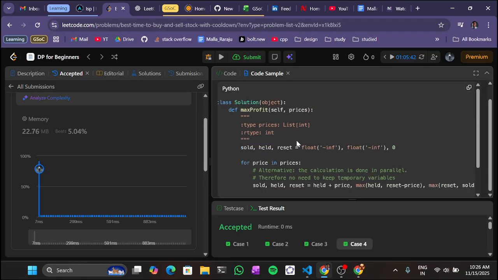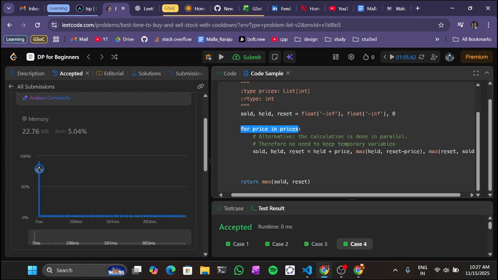Let's see what it is. The maximum profit: sold, held, and reset. We have negative infinity for sold, negative infinity for held, and 0 for reset.